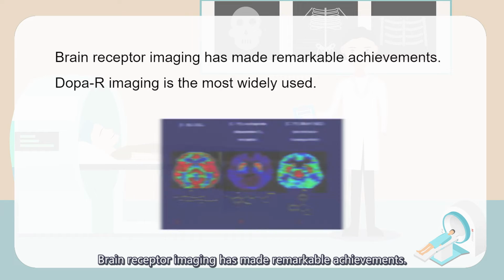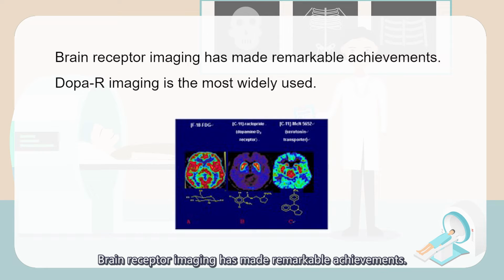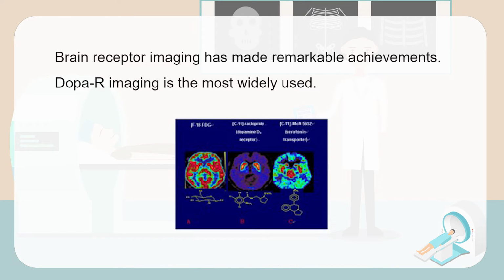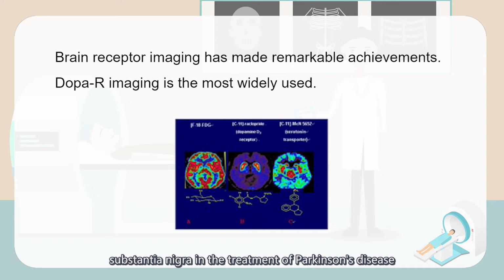Brain receptor imaging has made remarkable achievements. Dopamine receptor imaging is the most widely used. It is used in the early diagnosis of Parkinson's disease and monitoring the effect of transplantation of substantia nigra in the treatment of Parkinson's disease.